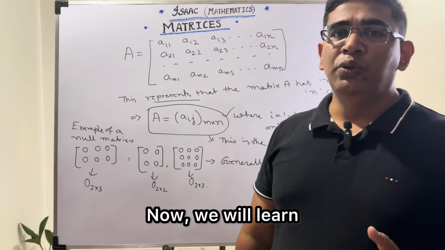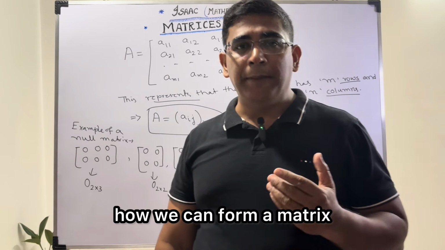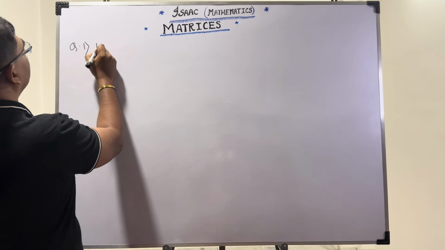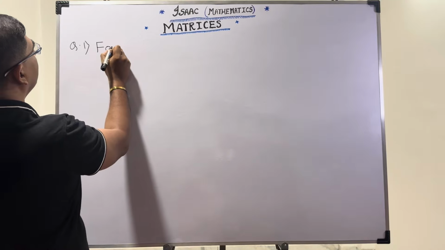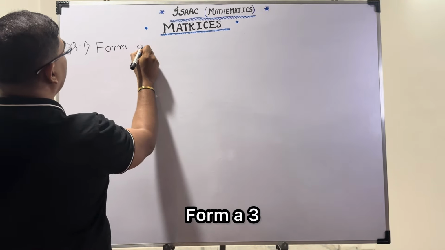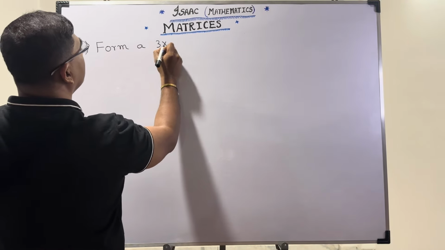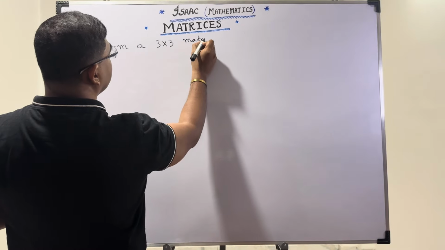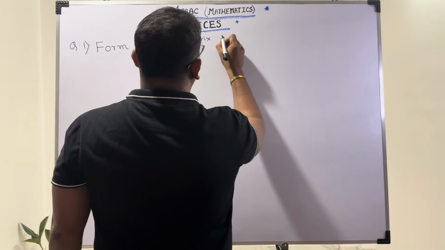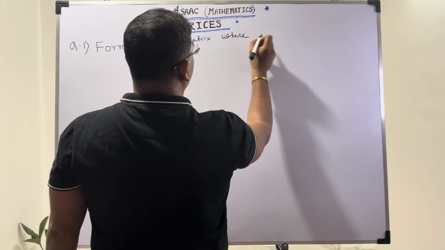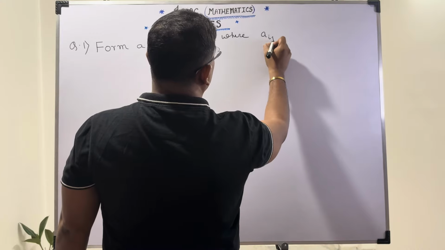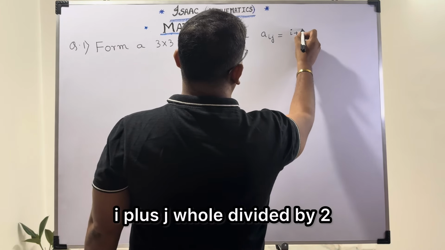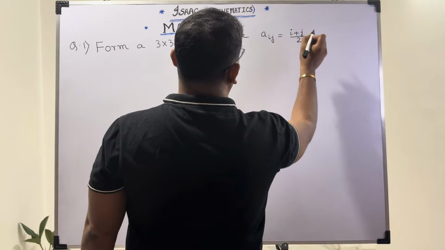Now we will learn how we can form a matrix. Form a 3 by 3 matrix where Aij equals to (i plus j) whole divided by 2.